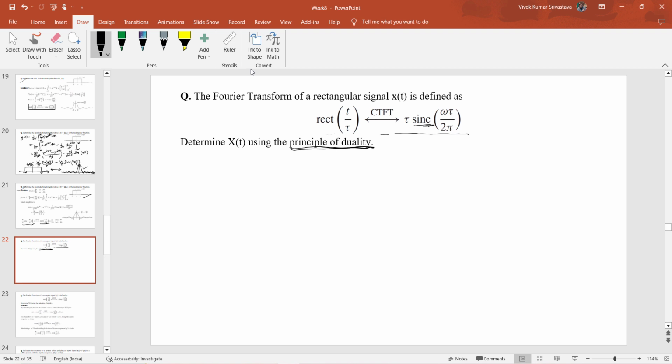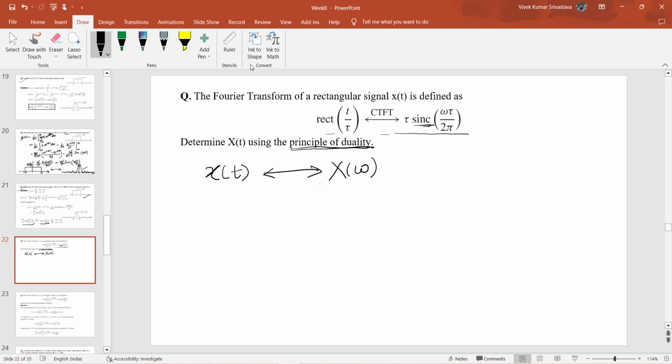sinc function is in the time domain, then what will be the corresponding frequency domain response, or say spectra of the sinc function. Okay, so we will use duality property. So first of all, let us take a look at what duality property states. So duality property states that if x of t is the input, okay, or say x of t is basically a signal whose Fourier transform is X of omega.